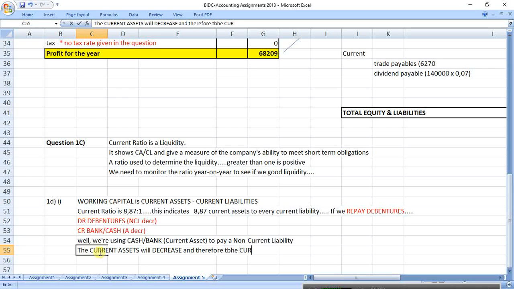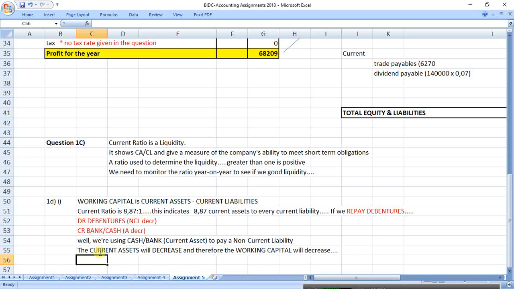the working capital, not the current ratio. That's what they said. They said discuss the effects of the working capital. So, therefore the working capital will decrease as well. Okay. So basically the effect of this will decrease current assets and decrease working capital.